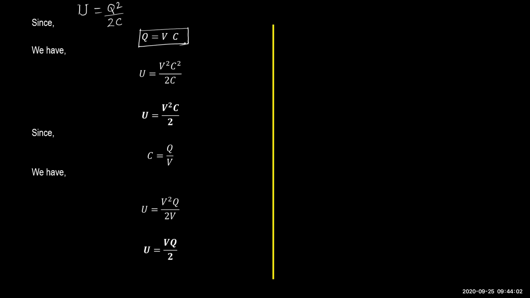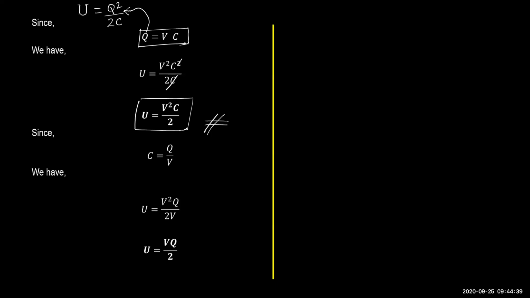So if I substitute this value of Q here in the equation of potential energy, then Q square is there, therefore it will be V square into C square, and divided by 2C is as it is. Now here one C is cancelled. Okay, then the equation we are left with is U is equal to V square C divided by 2, another important equation for potential energy stored.